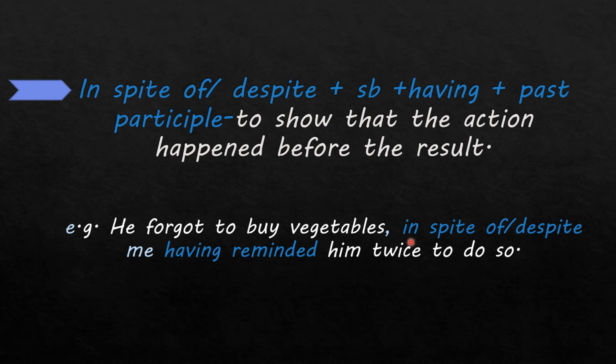Look at the structure. We have in spite of or despite plus somebody plus having plus past participle. In this case, we show that this action, that he forgot to buy vegetables, happened before the result.